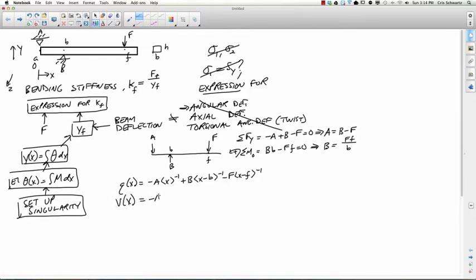So I do my integrations, and we get to the bending moment. So there should be a 1.